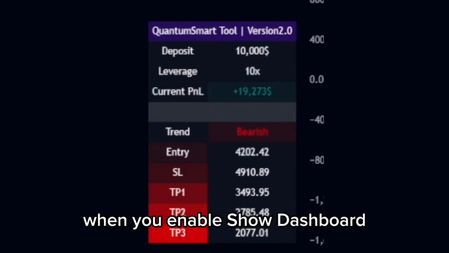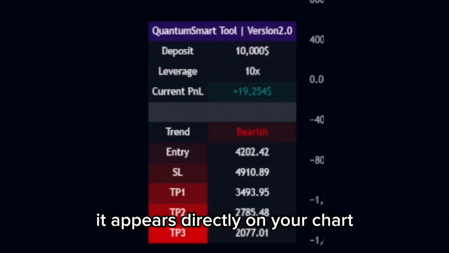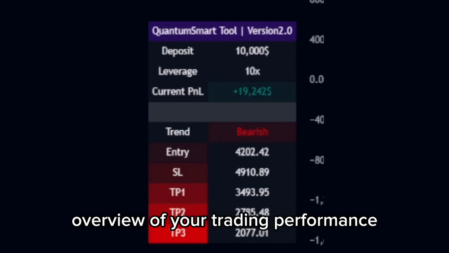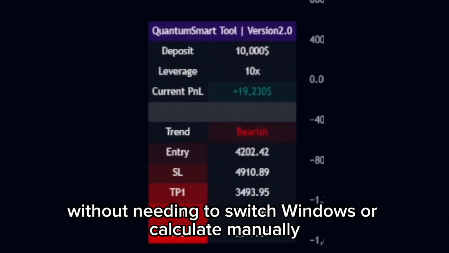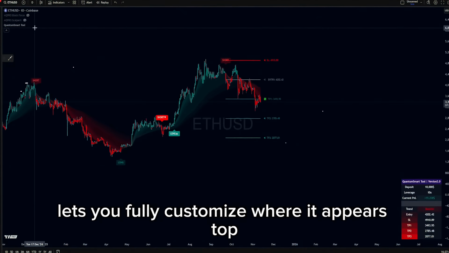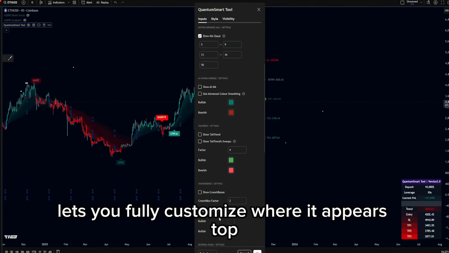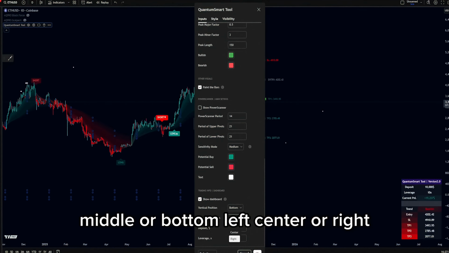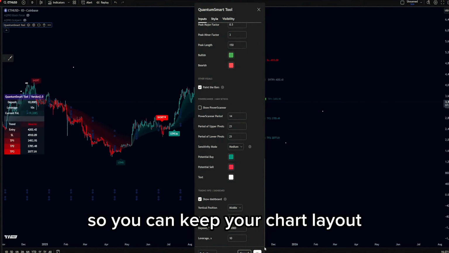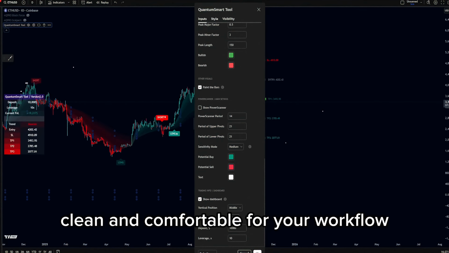When you enable Show Dashboard, it appears directly on your chart, giving you a live, at-a-glance overview of your trading performance without needing to switch windows or calculate manually. The dashboard positioning option lets you fully customize where it appears: top, middle, or bottom, left, center, or right, so you can keep your chart layout clean and comfortable for your workflow.